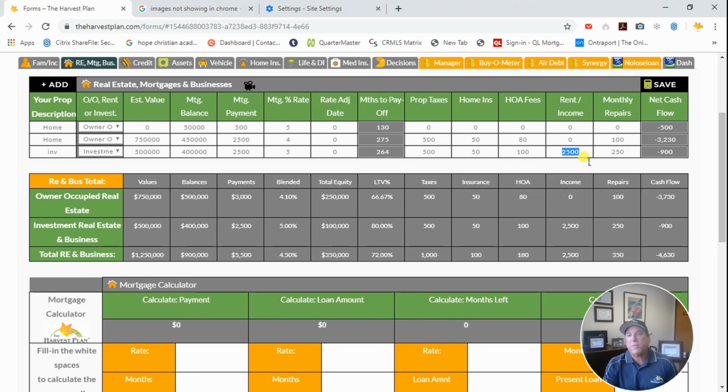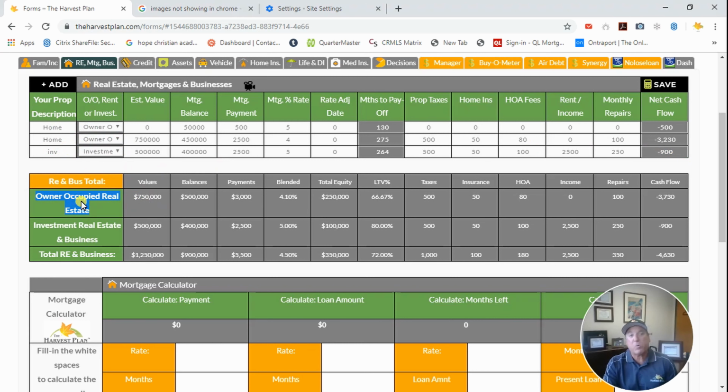We're getting $2,500 in rent, and it's costing us $250 a month in other expenses, because again, for an investment property, we're going to put all our expenses. So right now we can see we have a negative $900 cash flow we've got to make up for that investment property. And if you have multiple investment or owner-occupied properties, all of that information is going to carry and calculate down here.